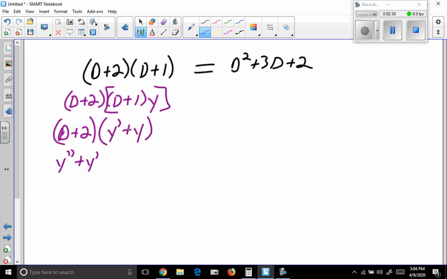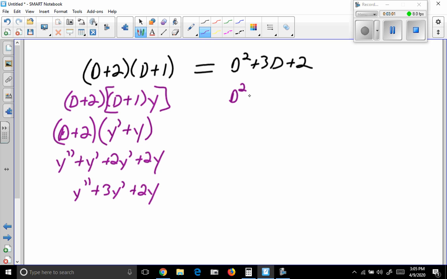And then if we do 2 times that, we get 2 times y prime and 2 times the function y. If we combine like terms, we have the second derivative once, we have 3 times the first derivative, and we have twice the function. And if you look, that's exactly what this is.